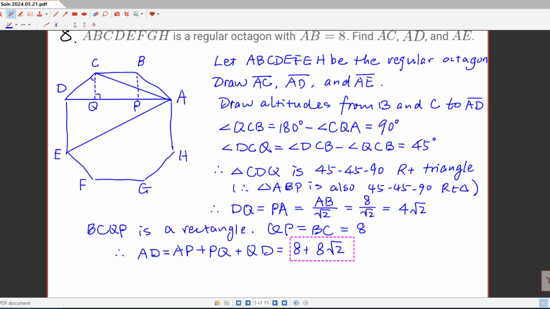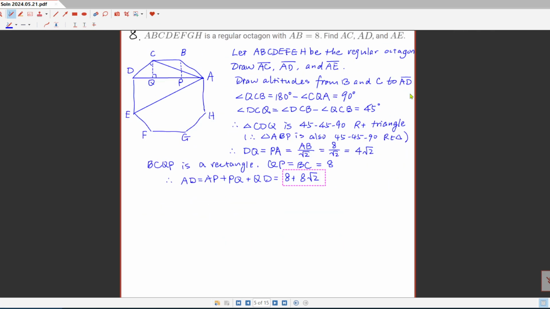Okay, next let's have a look at the length of AC. From the right triangle ACQ, we have the following relationship.